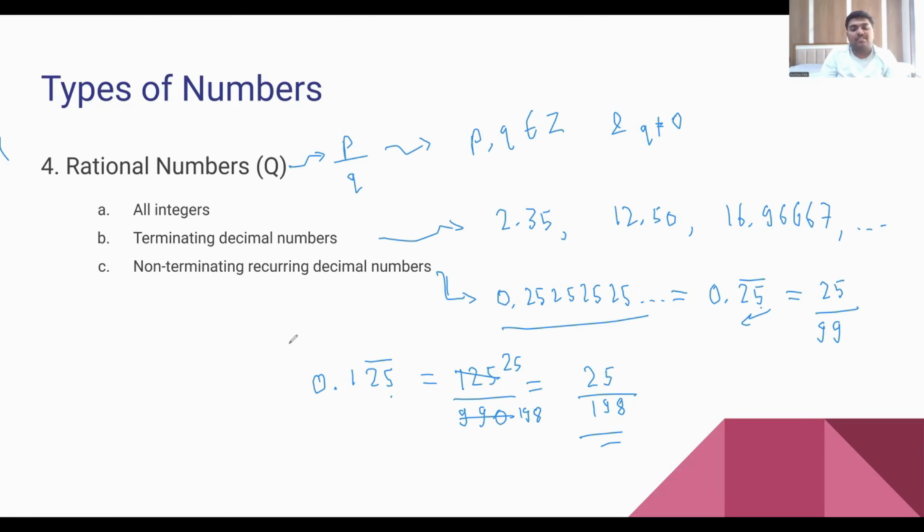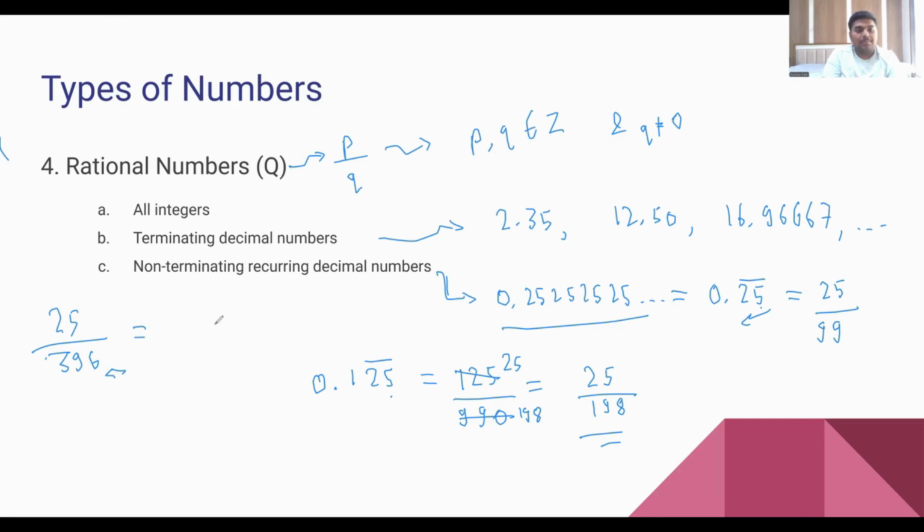And if you are given the fractions, you can do the same job vice versa. So if you were given that the number is 25 by, let us say 396. So what you would have done is you would have tried to reduce this in the form of 990.